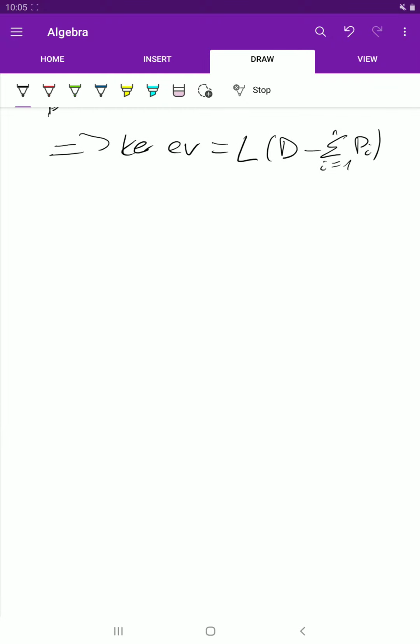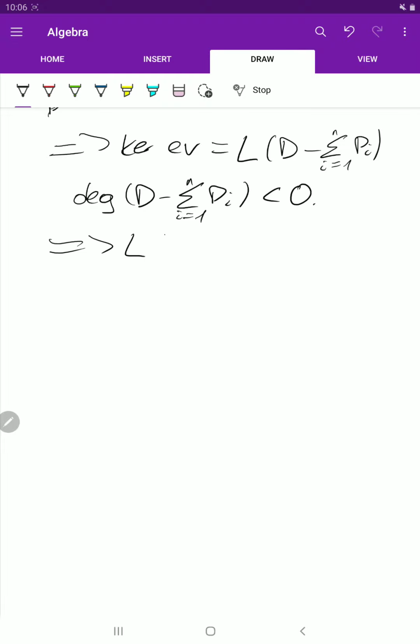Okay, now let's see. Well, we get that the degree of D minus the sum is less than 0. And from there we get that this is just a result about divisors.